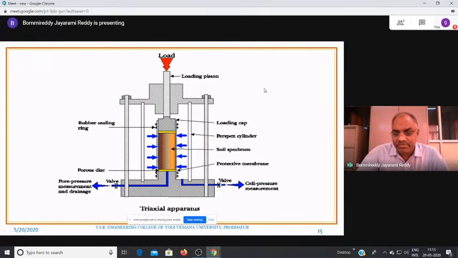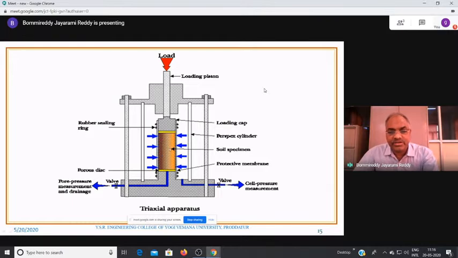Whenever it is to be released, we open the valve, the water will move away, and the entire pressure will be released. So this is the overall test setup. The cylindrical specimen is subjected to normal stress in the direction of its length and cell pressure in the lateral direction, and accordingly the entire test procedure is carried out.